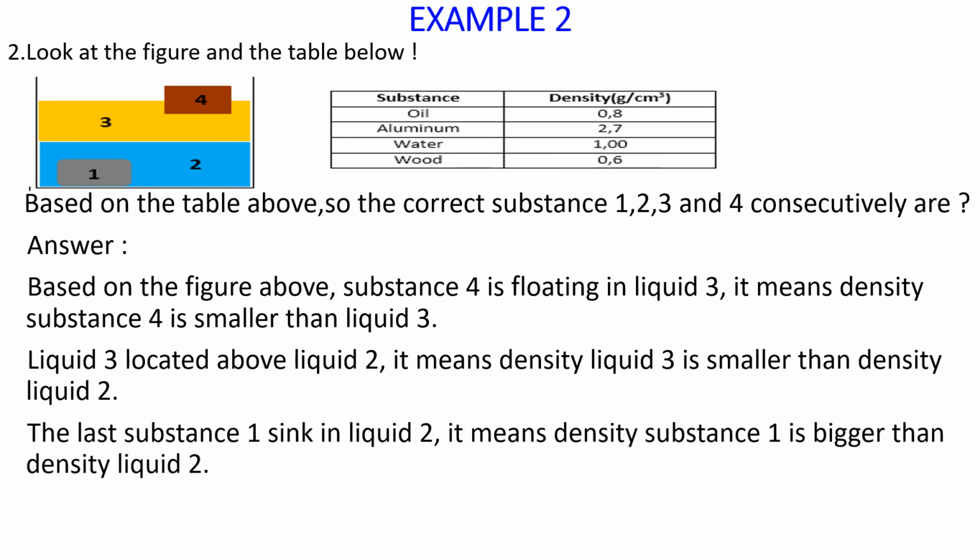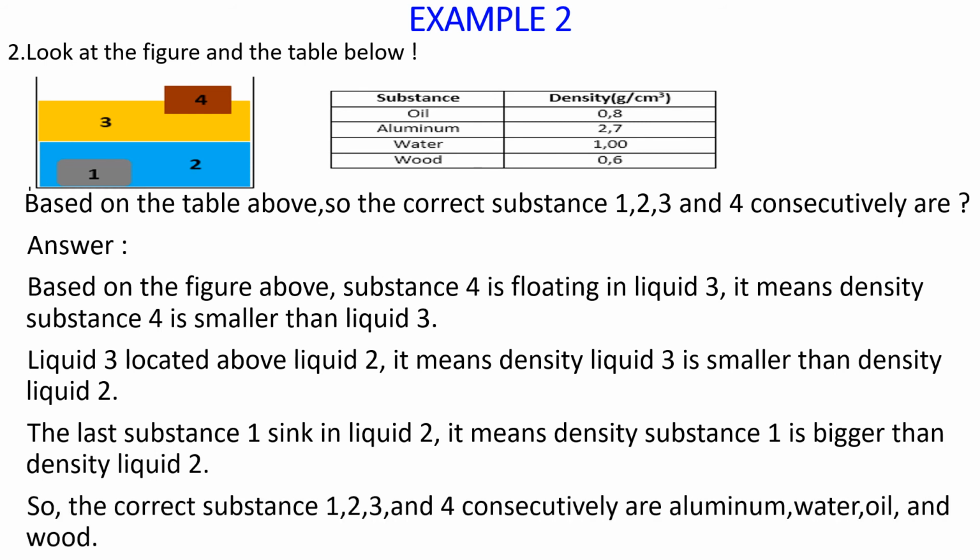And the last, substance 1 sinks in liquid 2. It means density substance 1 is bigger than density liquid 2. So, we can conclude that the correct substance 1, 2, 3, and 4 consecutively are aluminum, water, oil, and wood.